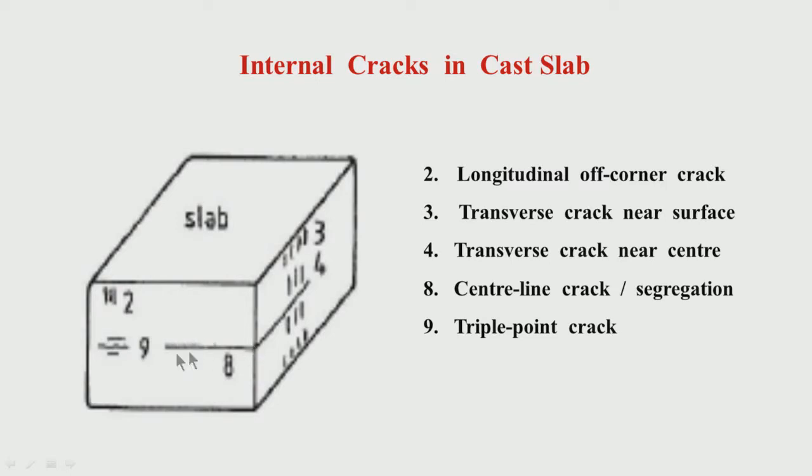I have mentioned the triple point, the diagonals where the solidification fronts are meeting. At the central area, again the solidification fronts are meeting, and moreover if you have a columnar zone extending till the central portion, you have higher chances of formation of central crack and segregation.